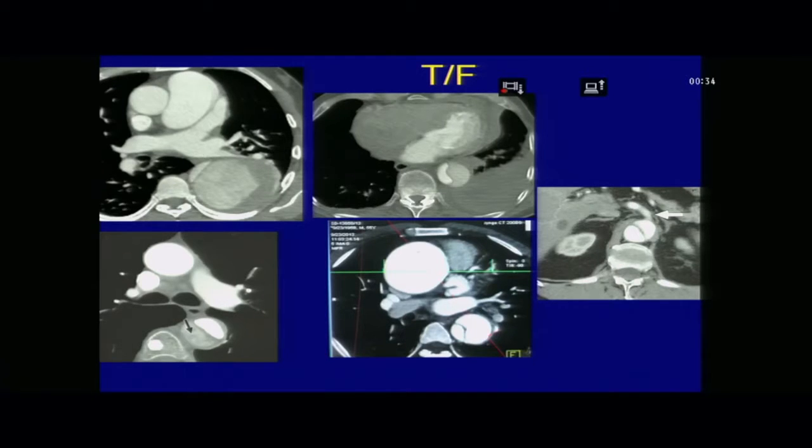Because here, unless I go and see slices above and below, I cannot tell. Because here, it is totally different scenario. So all these features, thrombus, size, opacification, cobweb sign, and most importantly, continuity above and below with the undissected aorta, should all be kept in mind before you decide on the true and false lumen.